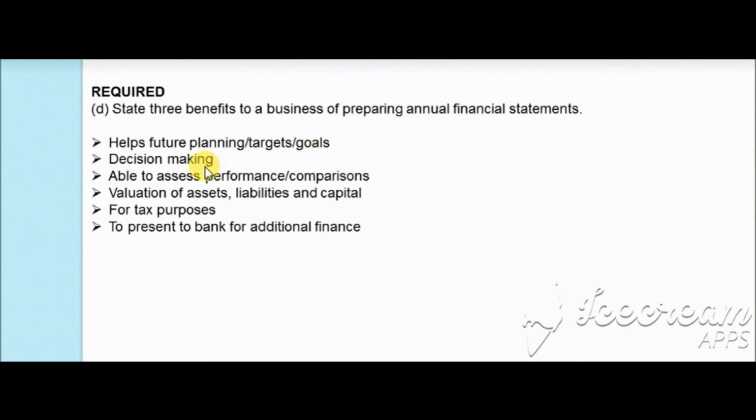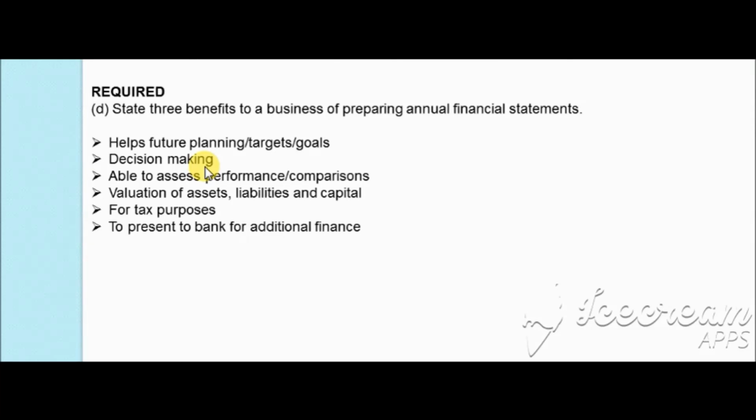Furthermore, in our financial statements, we have the income statement as well as the statement of financial position. This helps us to analyze when we go for ratio analysis or comparative analysis. With ratio analysis, this helps us to make decisions, that is, how the expenses should be reduced or what loans or long-term liabilities can be taken.